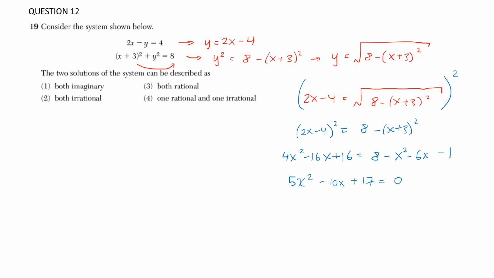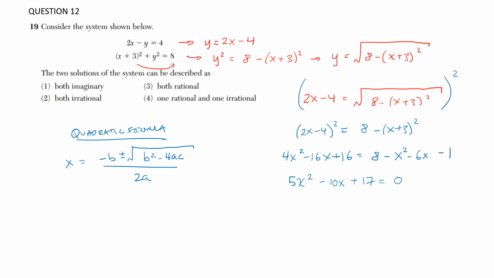To solve where these x's might be, I might just use the quadratic formula to see what we get. Let me write it over here: x equals negative b plus or minus the square root of b squared minus 4ac, all over 2a.